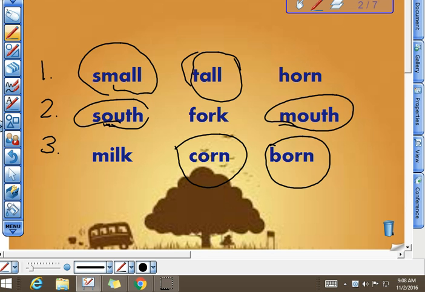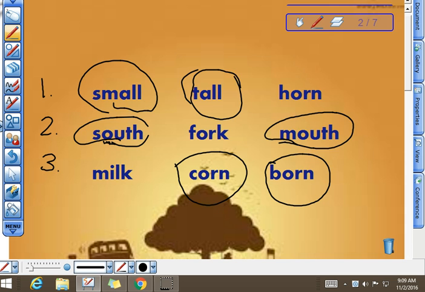Josiah marked the words south, mouth, because fork does not sound at the end like south, mouth. And then Aiden took care of row 3, and we have the words milk, corn, born, and we can hear that corn and born have the same sound, so they rhyme. Very good.